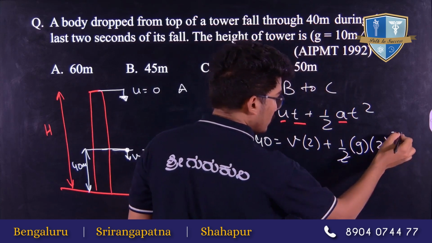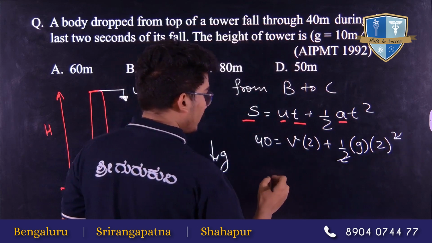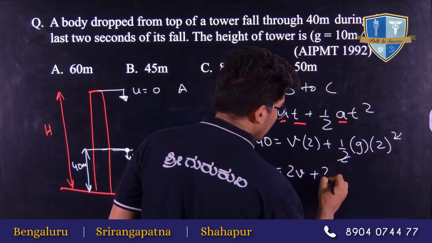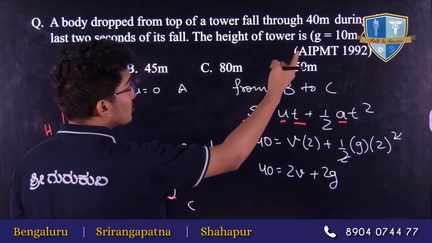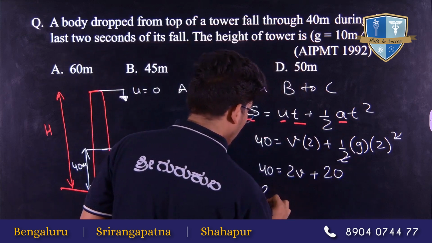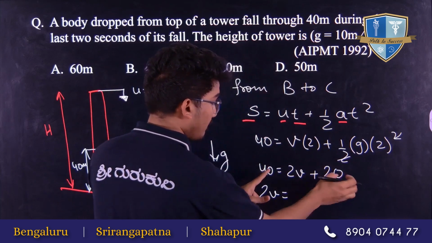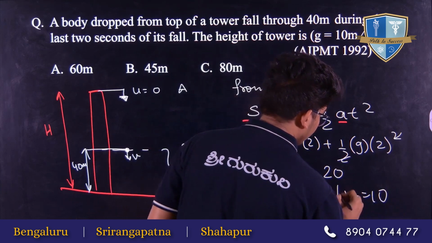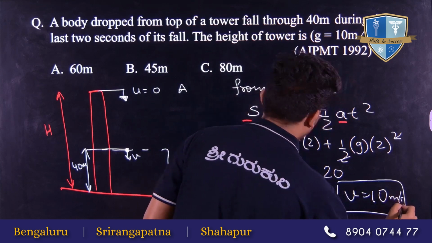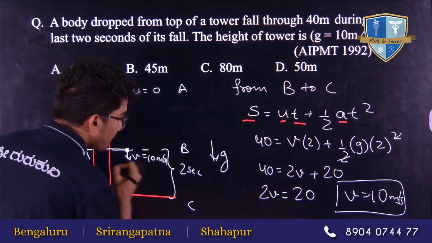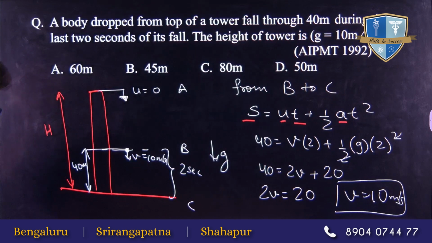So this 2 will cancel out, and 40 is equals to 2v plus 2g, and g is equals to 10, means this is 20. So 2v is equals to 40 minus 20, which is 20, and v is equals to 10 meters per second. So velocity at this point is equals to 10 meters per second. Correct?